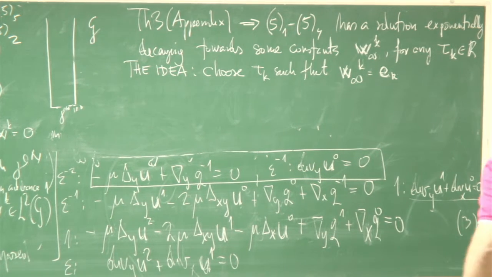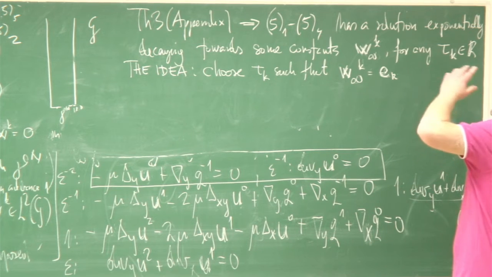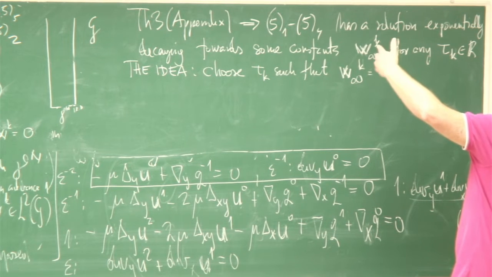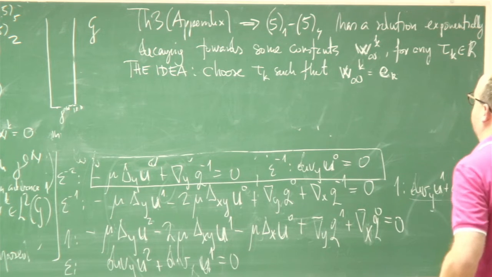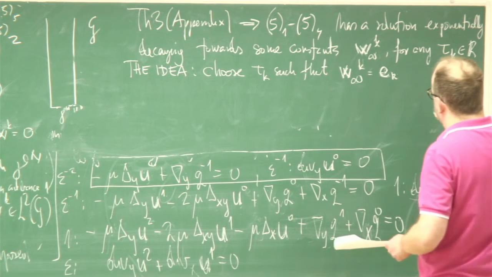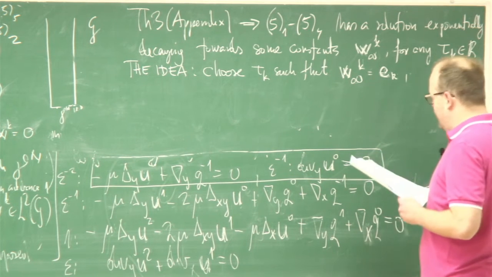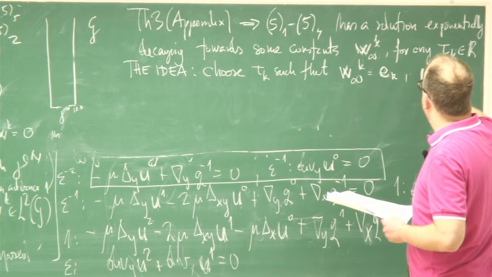So in a way that the velocity part of the auxiliary problem stabilizes towards this constant, while the pressure part exponentially vanishes.